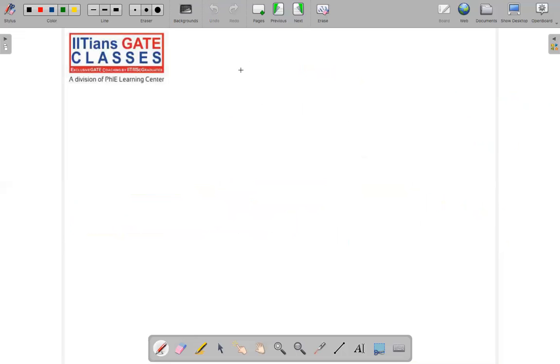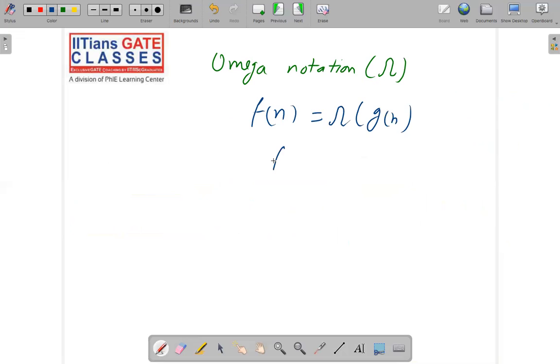Similarly, in case of omega notation, what happens? If we say Fn equal to omega of Gn, it means that Fn will always be greater than or equal to Cgn, and there exists a constant C for all values of n such that n is greater than or equal to n0.